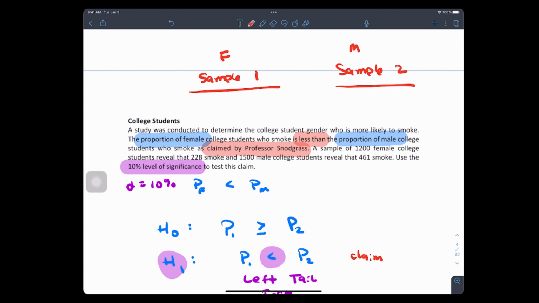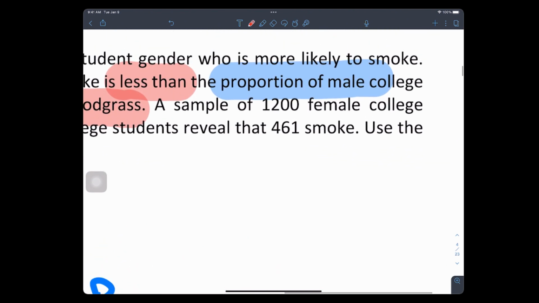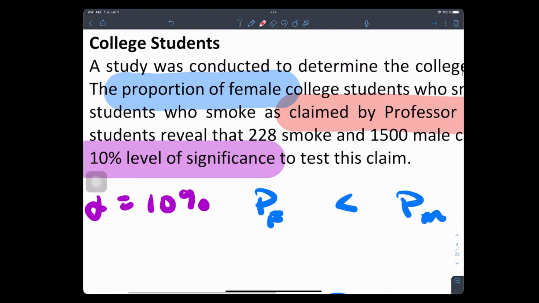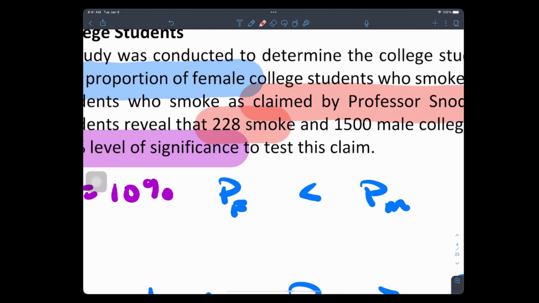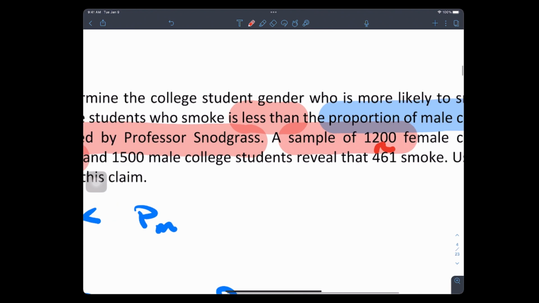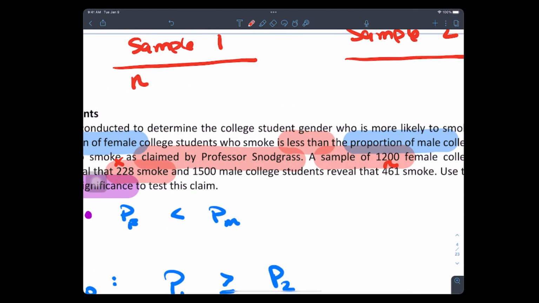So what does the sample information say? A sample of 1,200 female college students reveals that 228 smoke. This is X, and this is N. So N is 1,200.